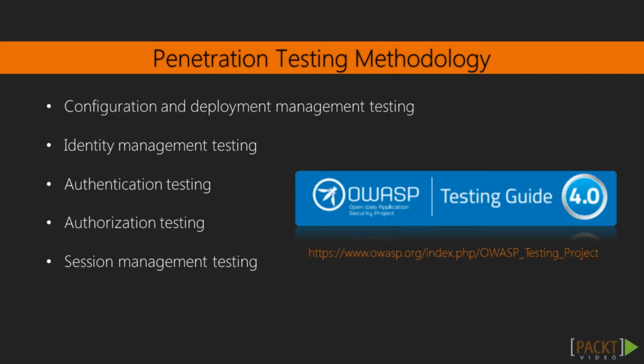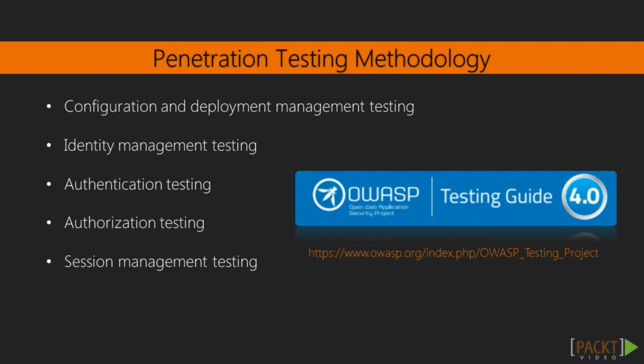You may be wondering, what areas should you test during this process? These are some of the most important ones to cover: configuration and deployment management testing, identity management testing, authentication testing, authorization testing, session management testing, input validation, error handling, cryptography, business logic testing, and client-side testing.